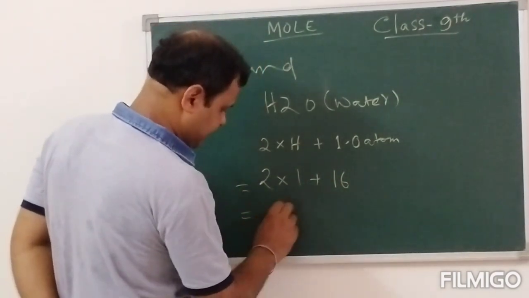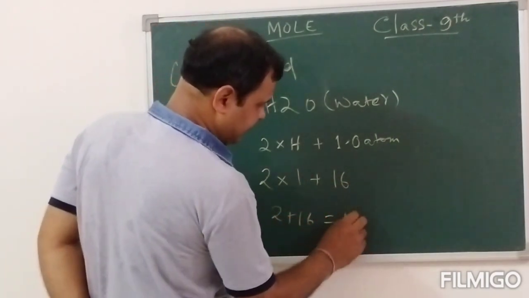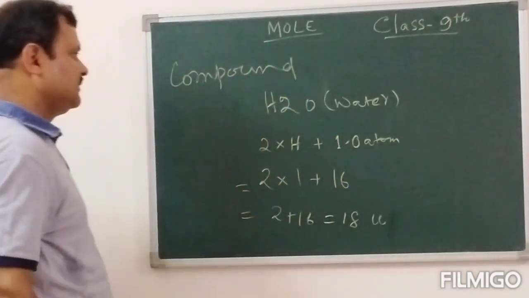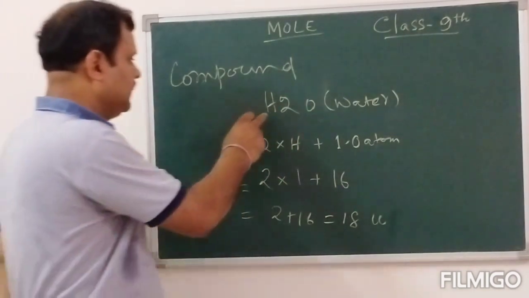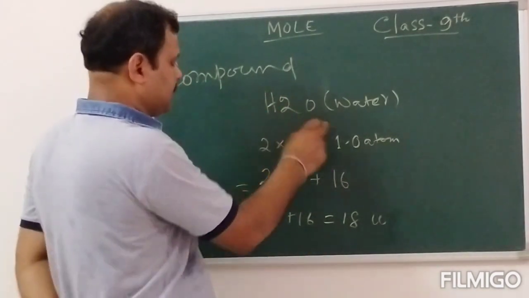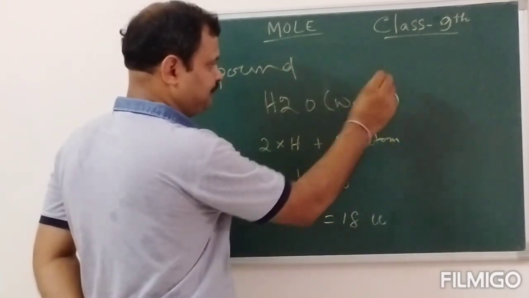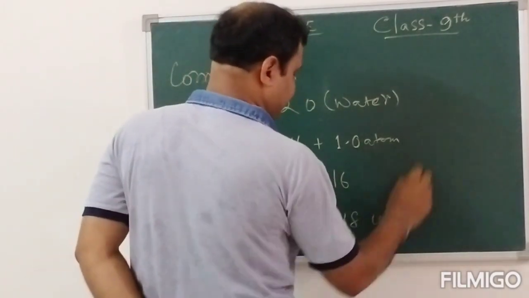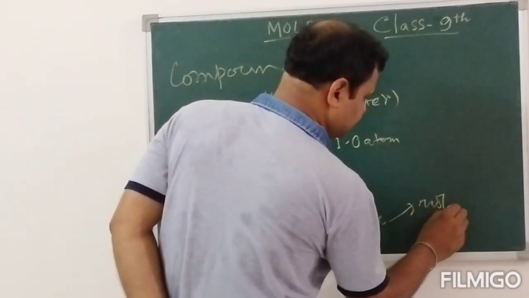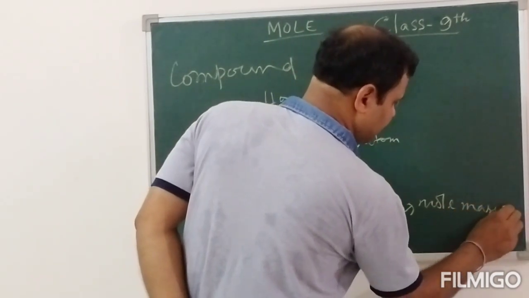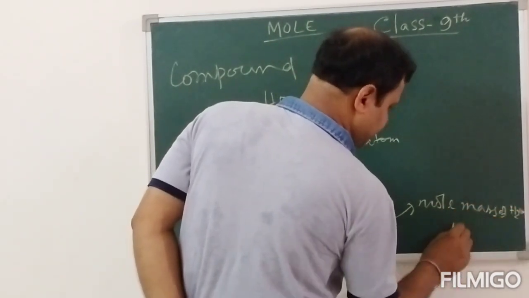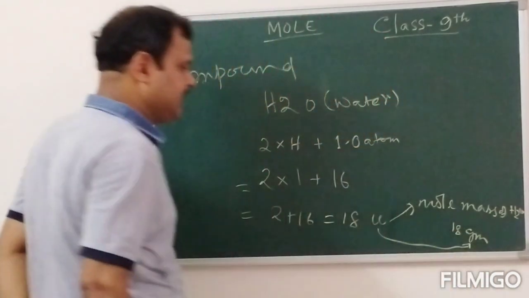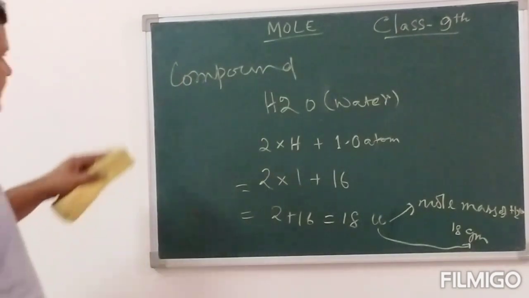So the total is 2 plus 16, which is 18. So 18 unit is the atomic mass of the water molecule, and the mole mass will be 18 gram. It is simple. U is replaced by gram. So now you understand, I think.